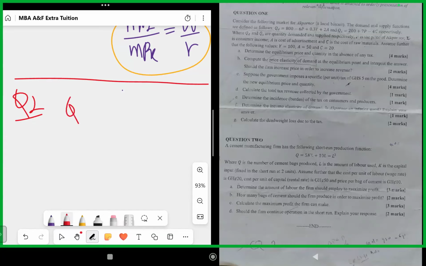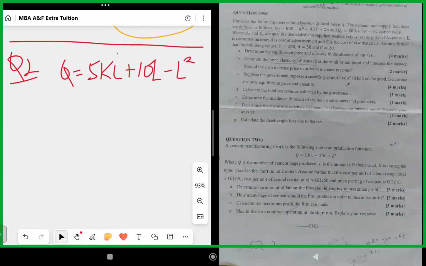Q equals 5KL plus 10L minus L squared. All right, good. Where Q is the number of cement bags produced, L is the amount of labor used, K is the capital input. That is fixed in the short run at 2 units.